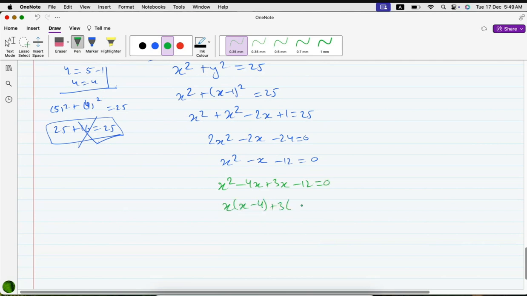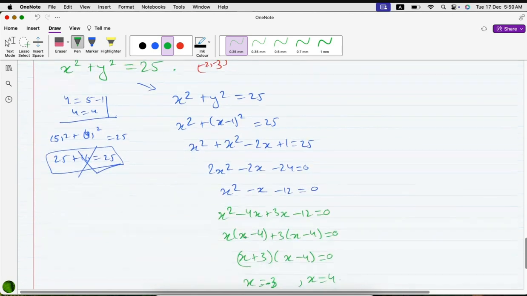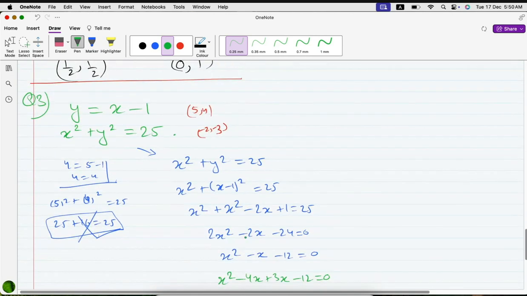Are you checking or are you with me? Just rechecking, I'm going over my steps. Sure. I'm getting x as minus 3 and 4.